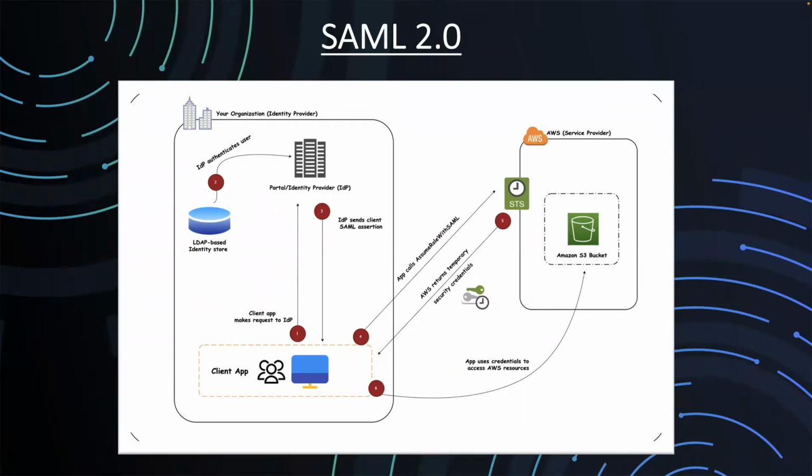Then the client app calls AssumeRoleWithSAML to the Security Token Service on the AWS side, which provides temporary credentials after assuming the role with SAML. Once these temporary security credentials are assigned to the client app, it can successfully access AWS resources based on the access control it has been provided for a specific amount of time.